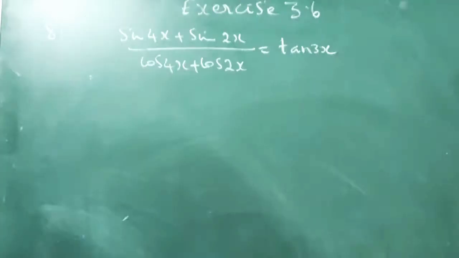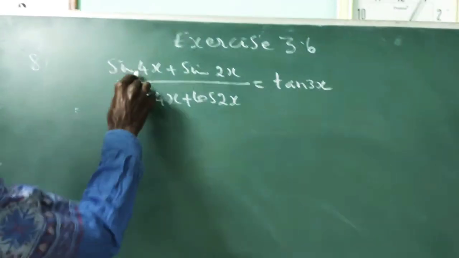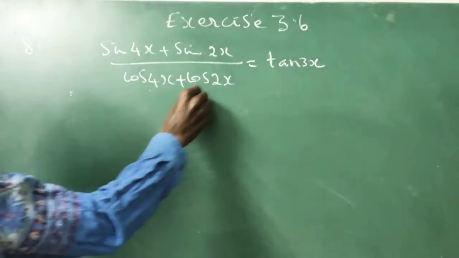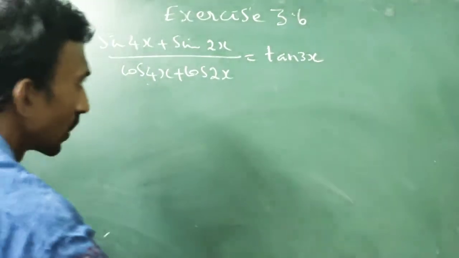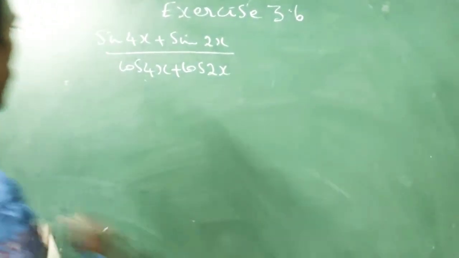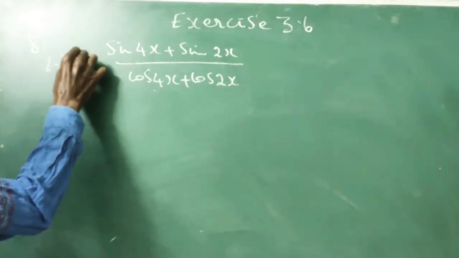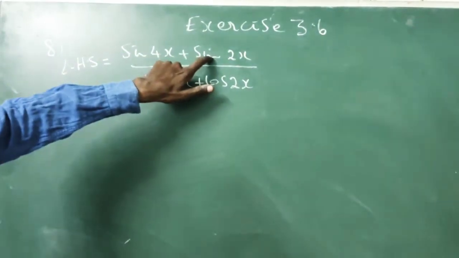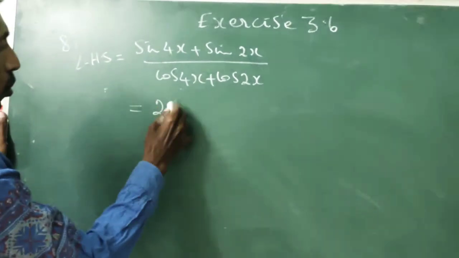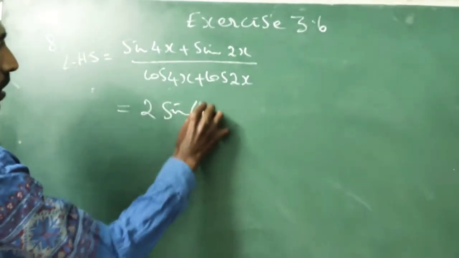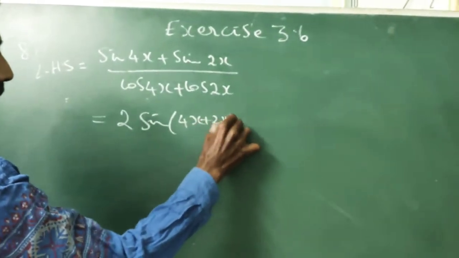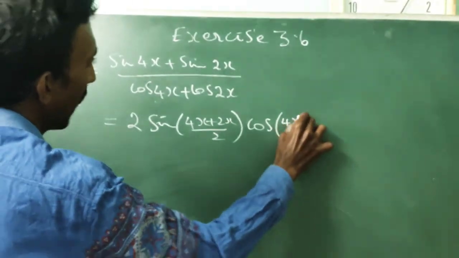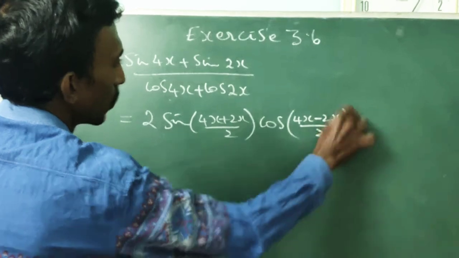Question number 8. Prove that (sin 4x plus sin 2x) divided by (cos 4x plus cos 2x) equals tan 3x. Take the LHS again. The numerator is of the form sin C plus sin D, so it is 2 sin((C plus D)/2) into cos((C minus D)/2).